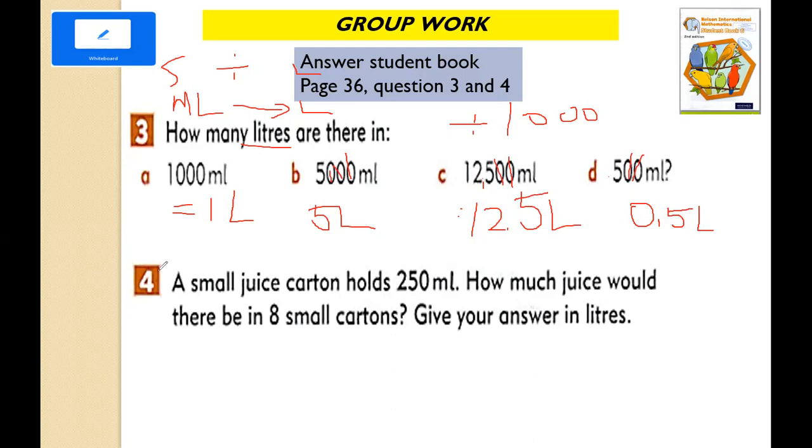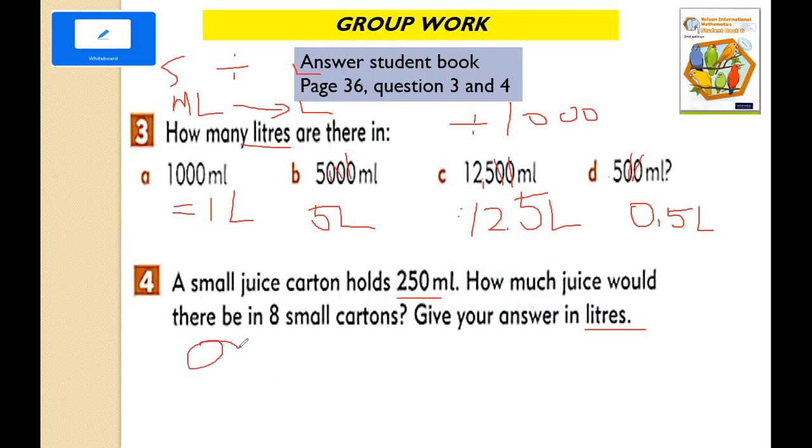Okay, we have a problem solving here. A small juice carton holds 250 ml. How much juice would there be in 8 small cartons in liters? Okay, so how much in one carton is 250, but we have 8. What do we do?